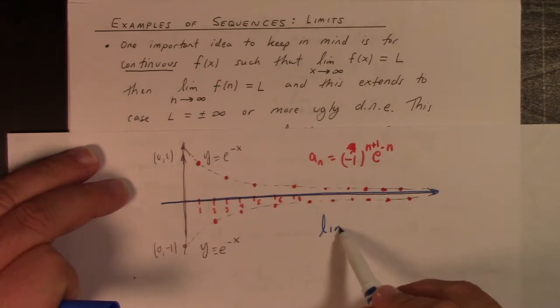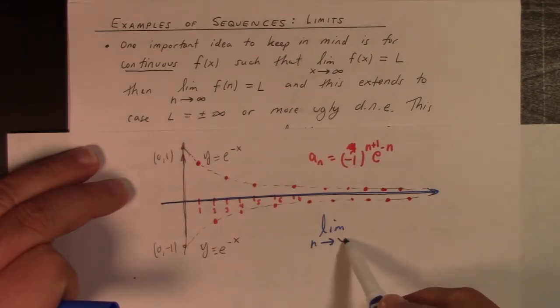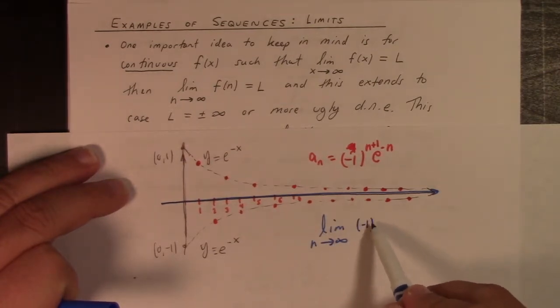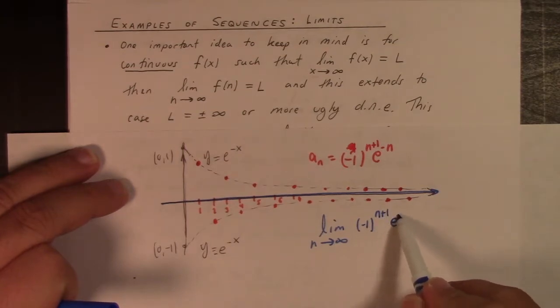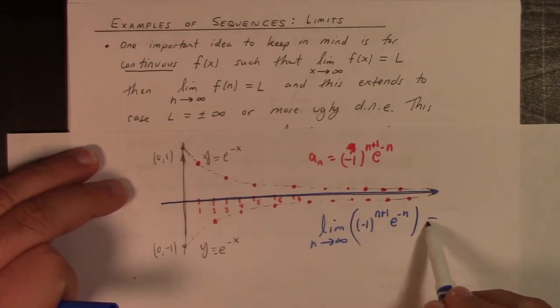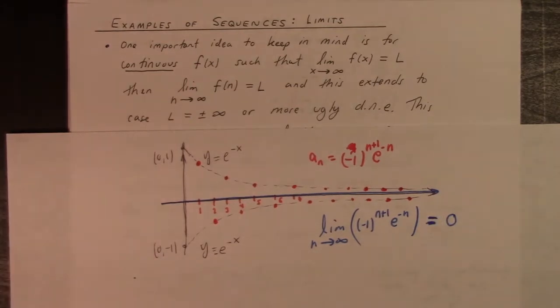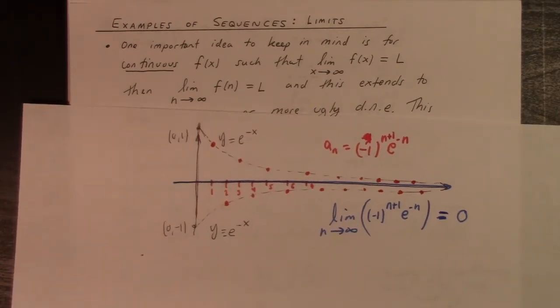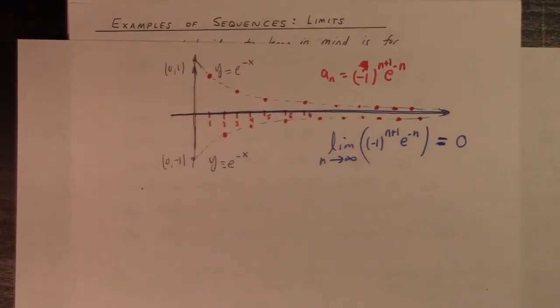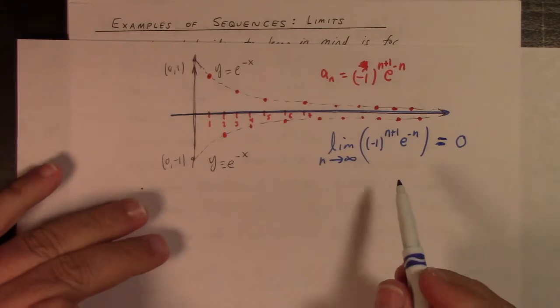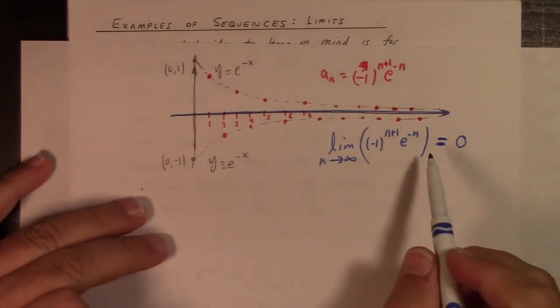The limit as n goes to infinity of -1 to the n plus 1 times e to the minus n is going to be 0. Now we could prove that with the squeeze theorem. Let me add that here to show that it equals 0 with the squeeze theorem. Pretty simple.